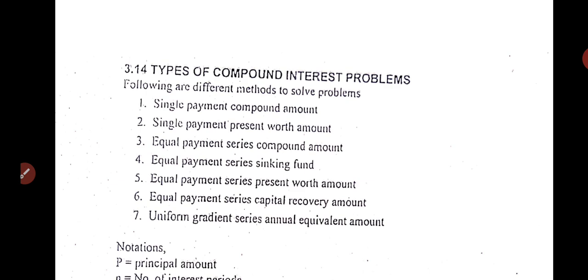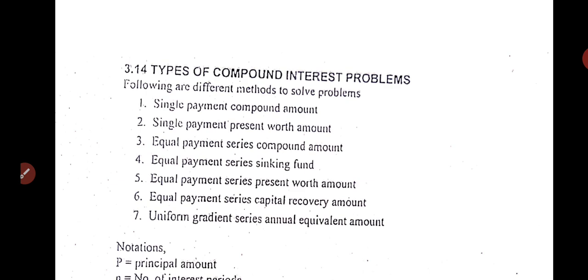So for a future amount of X or 12 lakhs, how much do I have to pay? I am going to find out the equal payment in the series that I am going to pay.